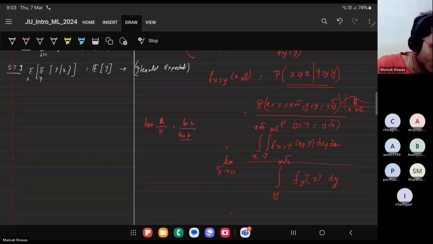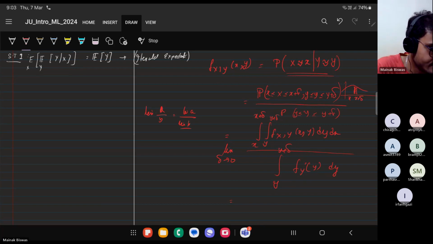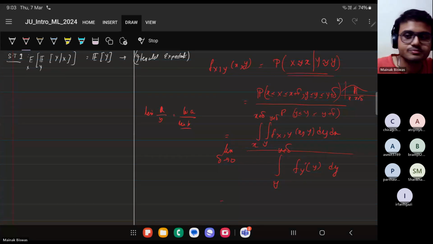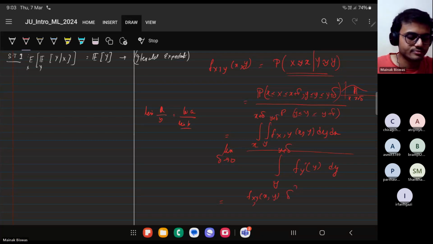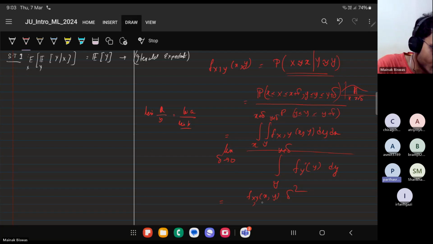So what will the numerator be? Very good, f of x comma y times delta square. Yes or no? Trapezoidal rule.